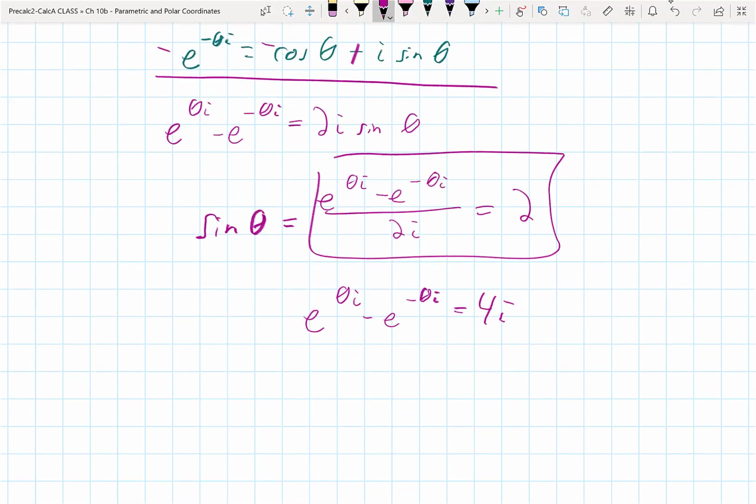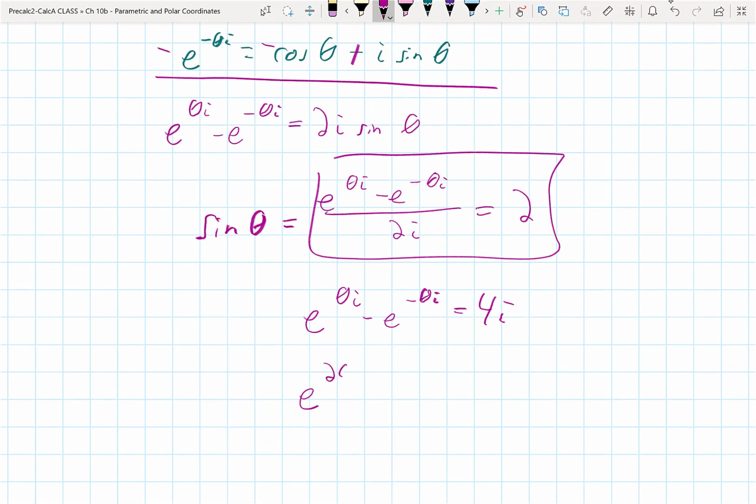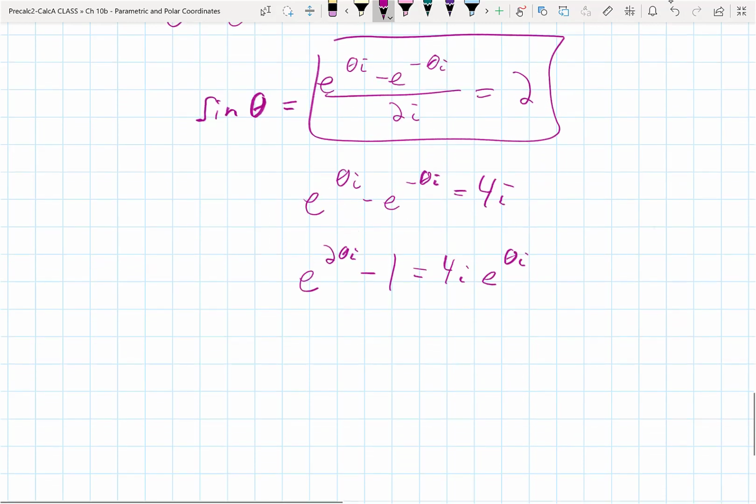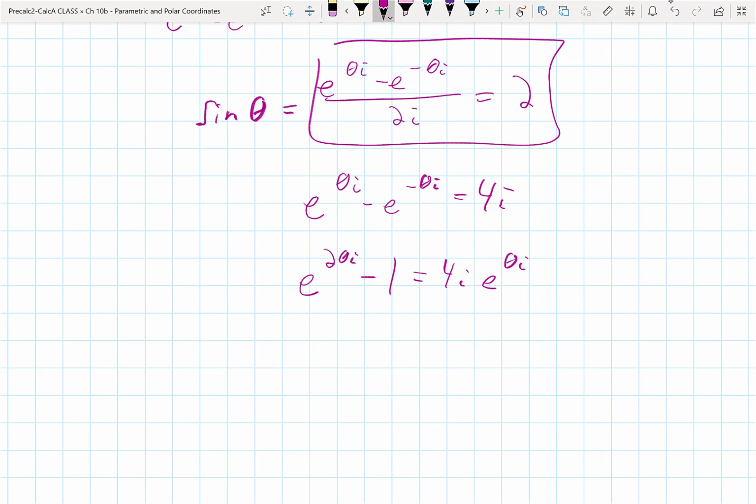And then I'm going to multiply both sides by e to the theta i, so I get e to the 2 theta i minus 1 is equal to 4i e to the theta i. Let's put this in descending order: e to the 2 theta i, and I'm going to write that as e to the theta i squared, minus 4i e to the theta i, minus 1 is equal to 0.